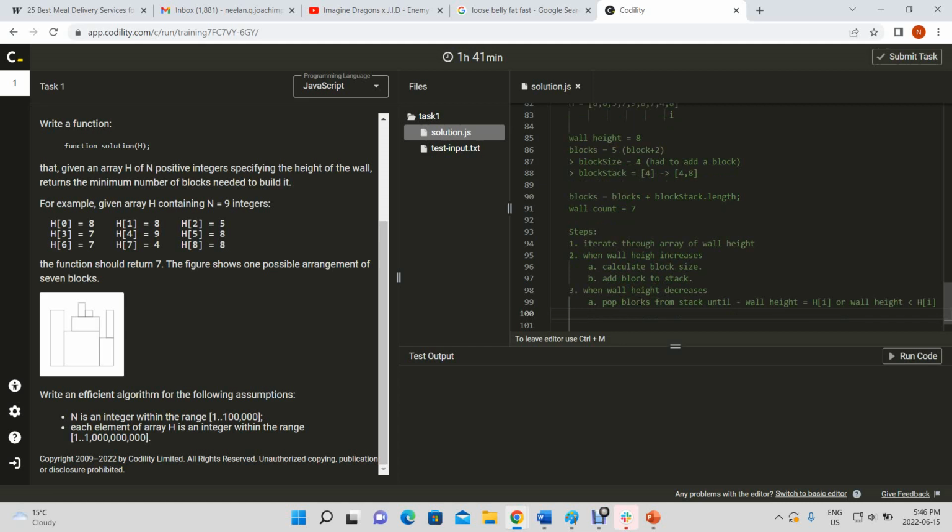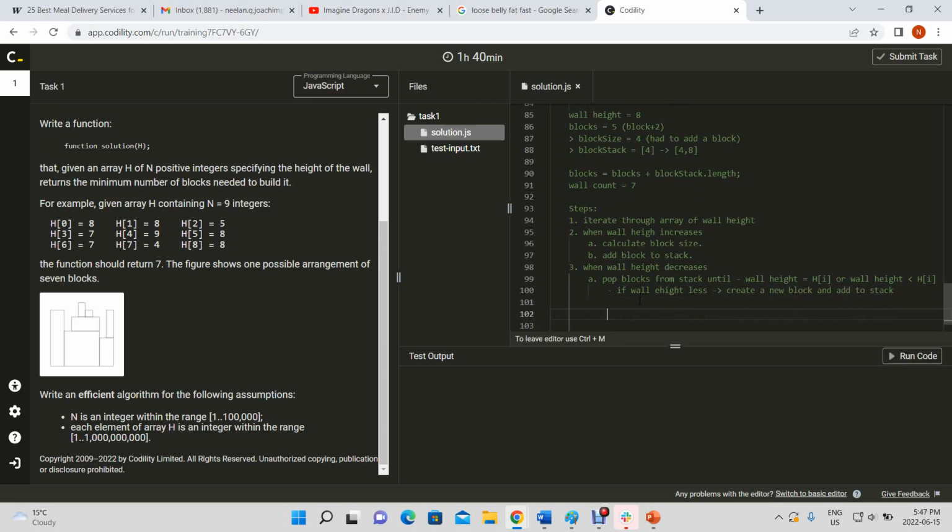Because we have that scenario in which our block size might not match. So in the case that wall height is less, create a new block and add to stack. And then finally, repeat till end of array.